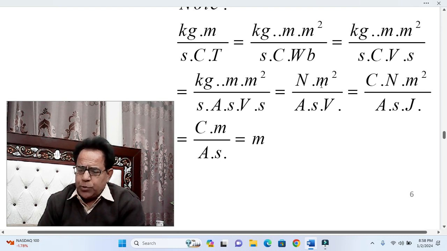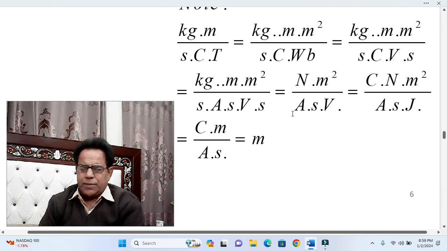Newton into meter square over one second has been included in Newton, over ampere second volt. Because Newton is kilogram meter per second square, so here kilogram meter per second square.